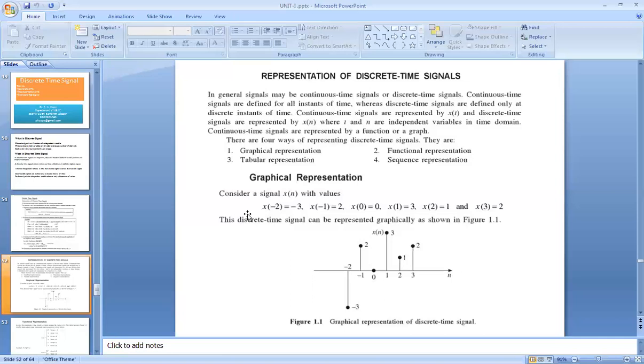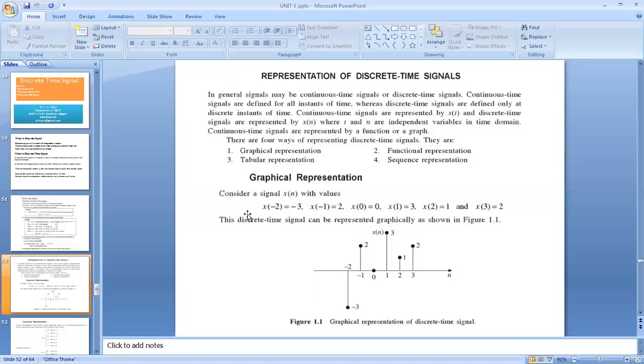Now we mark these points over the coordinate system. So when x of 0 is equal to 0, that is the origin point. So x of 0 is marked at 0 and its value is 0. At point 1, x of 1 is equal to 3 and it is represented by a value 3.